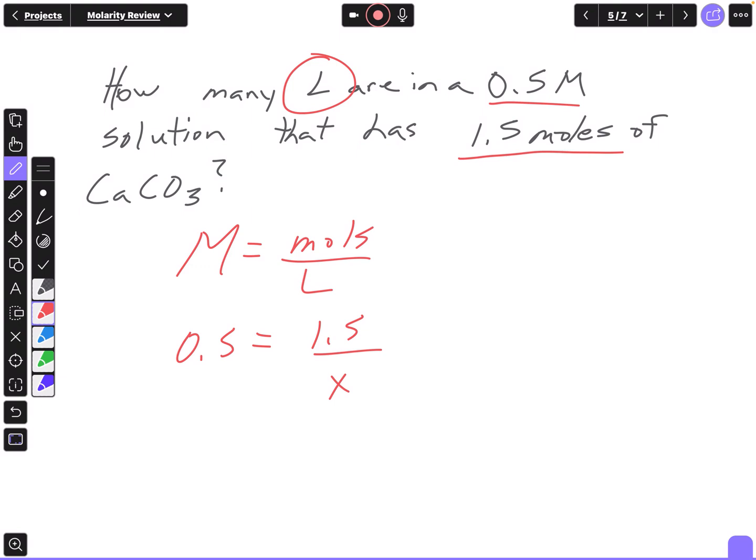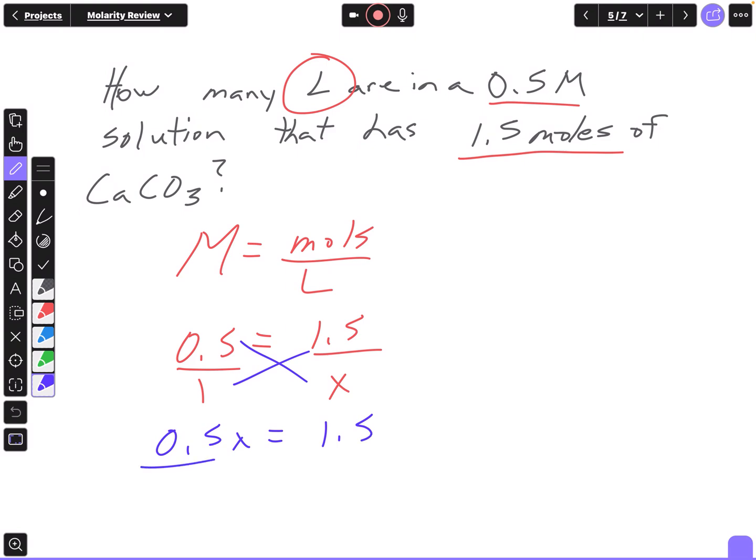Now I need to get X by itself, and the easiest way to do that, if my X is on bottom, I can just do some algebra. I can multiply both sides by X, and then I have to divide both sides by 0.5. But sometimes it's easier in this case just to put this over 1, and then you can cross multiply and solve for X. So this becomes 0.5X equals 1 times 1.5 is 1.5.